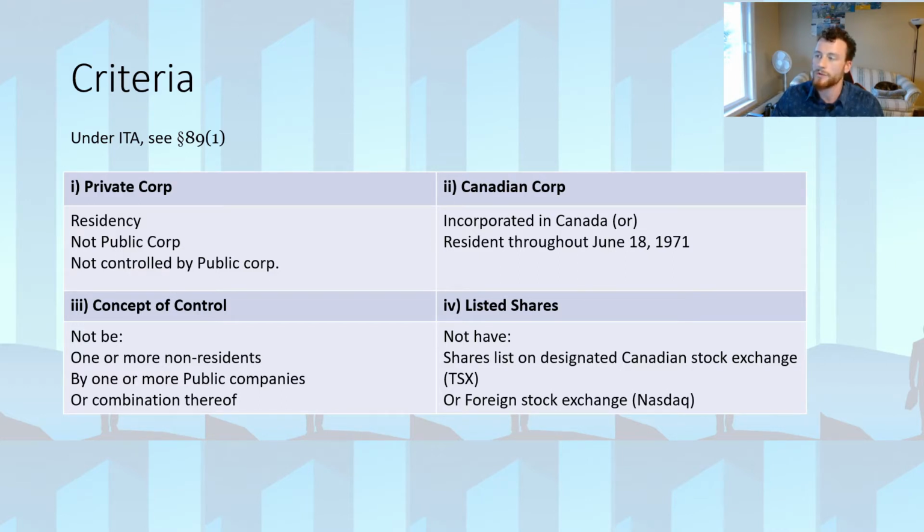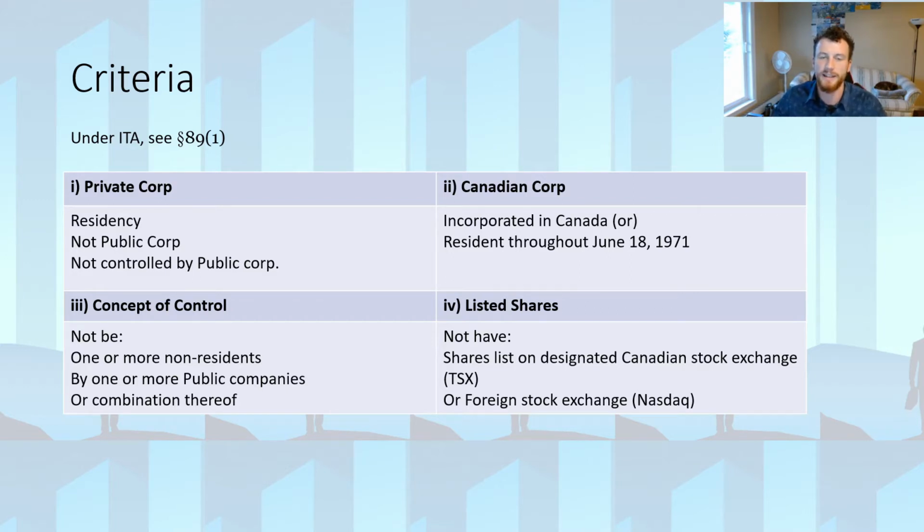Now the next component is it has to be a Canadian corporation. Under section 89 part 1, it has to be incorporated in Canada or has to be a resident in Canada throughout the period commencing June 18, 1971. The next part is the concept of control.